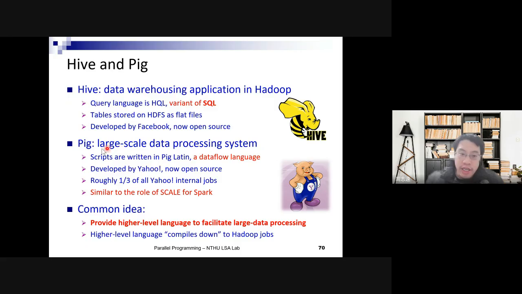It tries to mimic the Pig Latin language. Pig Latin is a data flow language, because most of the time when we do data analytic work, what we describe is how the data flows through some operations.